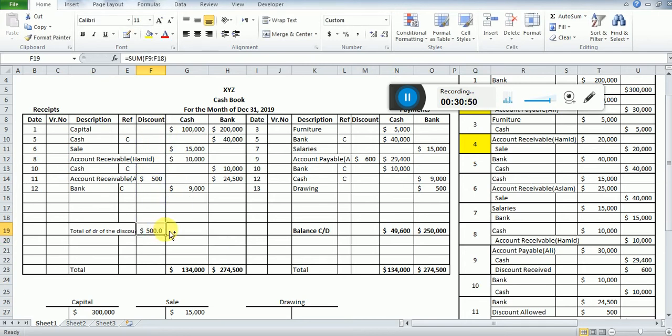It means this is the total of the debit of the discount account, meaning the debit side of the discount account. And here we also have the total of the credit of the discount account. Equal sign, sum it.